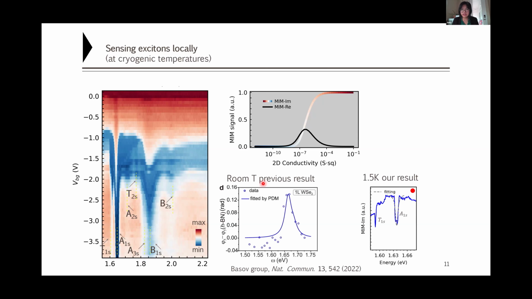It has been achieved in Dmitry Basov's group in the SNOM measurement at room temperature before. And because we can go down to 1.5 Kelvin, the advantage here is we can see the bandwidth of the exciton, which has to do with how it couples with phonon and relaxation mechanisms, is narrower. So if we want to get more pristine excitons, then our technique now can see it at very low temperatures.